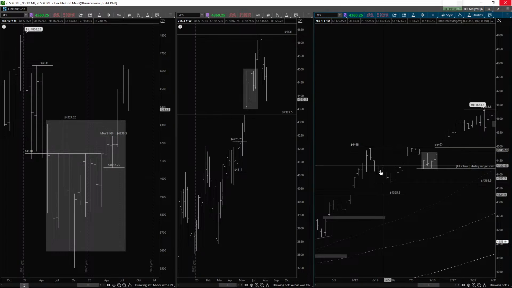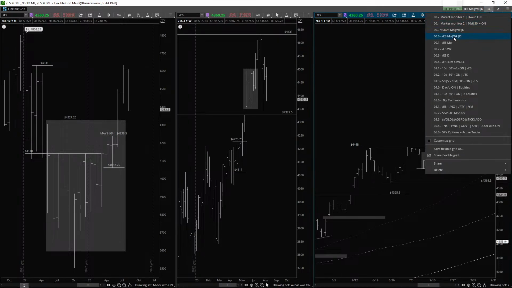This is not a glitch, but it is what happens when they update the contract, because this is the ES, and this is the end of one contract, and to use the same continuous chart, they change the values. That's why this gap was created.